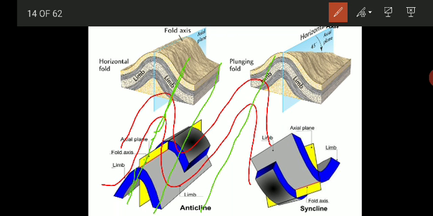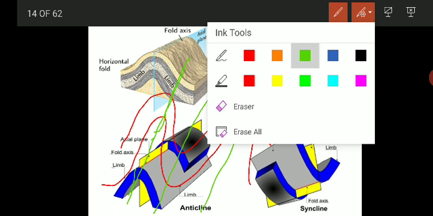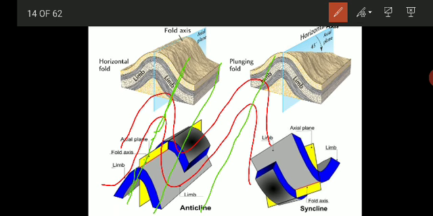So here in such folds, this portion and this portion, that is the crest and trough of the fold. Like in waves we have studied, right? There will be a crest and trough for the wave also. So this is again a wavy undulation, so there is a crest and trough of the fold.